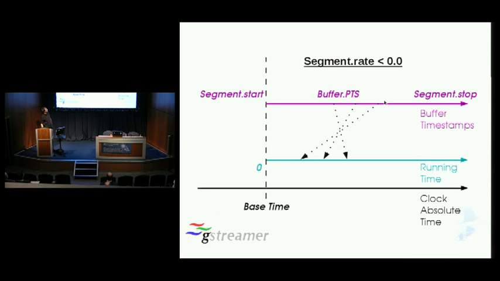So remember, the buffers come out in this order, in reverse. This is the first buffer, second buffer, third buffer. So we measure this difference between the segment stop and that buffer timestamp, and that's going to give us that interval. Okay, it's not really the right scale, but anyway. This interval is bigger.